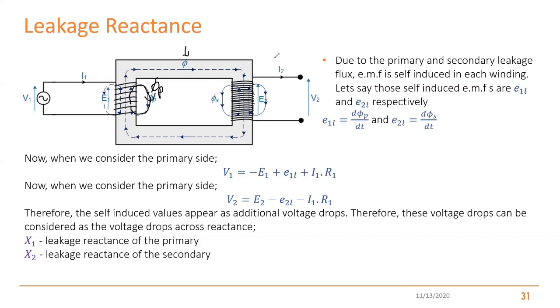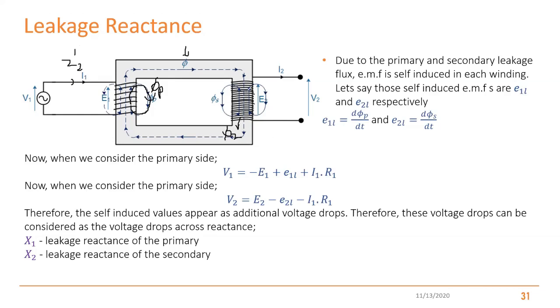So in the primary we have leakage flux like that, and in the secondary we have the same. I told you that the secondary also produces some flux, phi 2, and there will be an additional current I2 dash which neutralizes that.